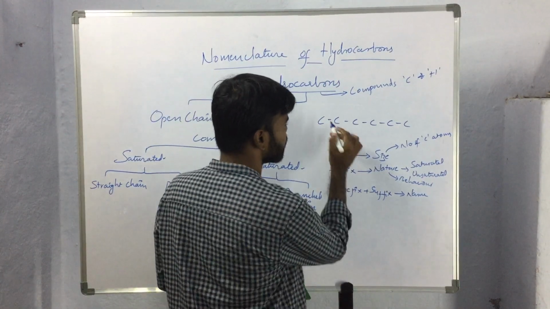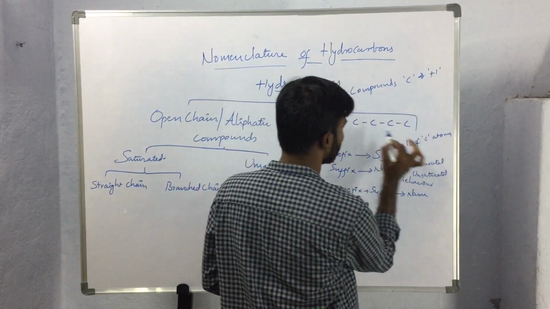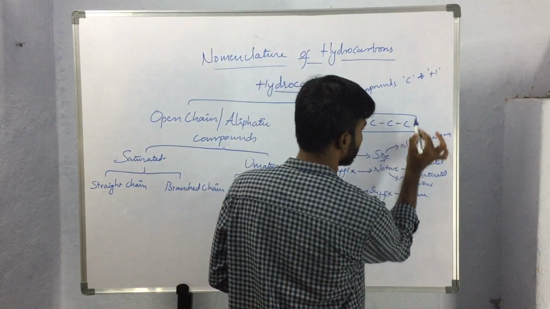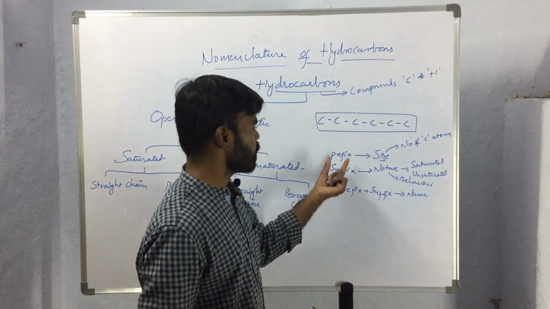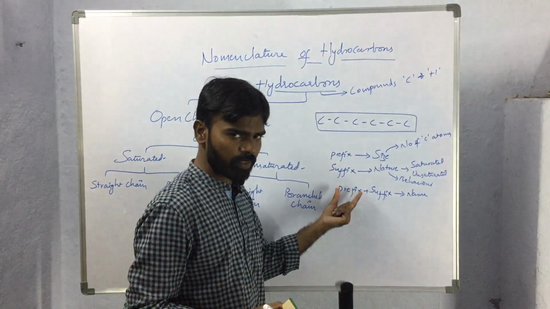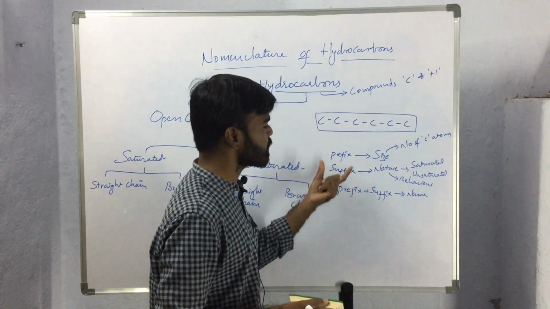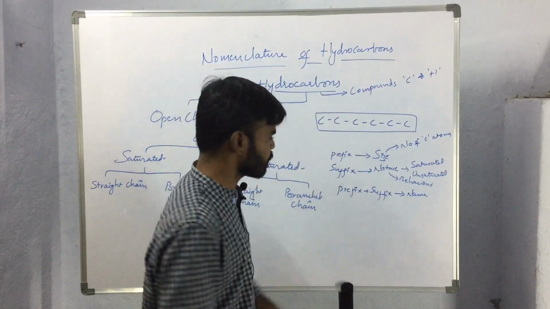So now, this is the given compound. For this given compound, we have to write the prefix and suffix. So how to identify the prefix and suffix for the given compound?